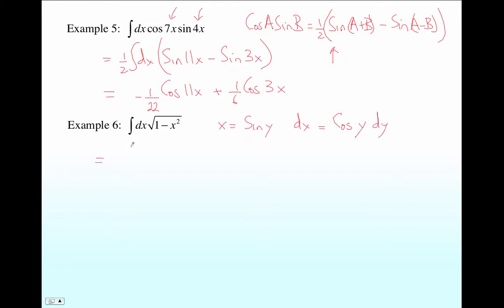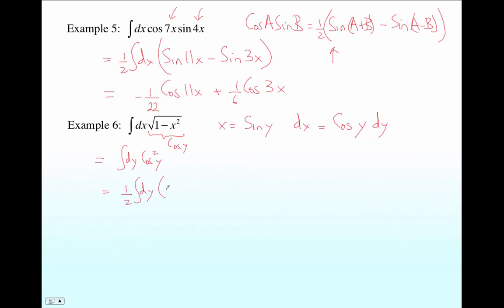And now let's put that over here. So we have dy cosine of y, that comes from the dx. And this over here is itself cosine of y. So we get cosine squared y. Now, when we integrate this, we shall have to use the double angle formula.